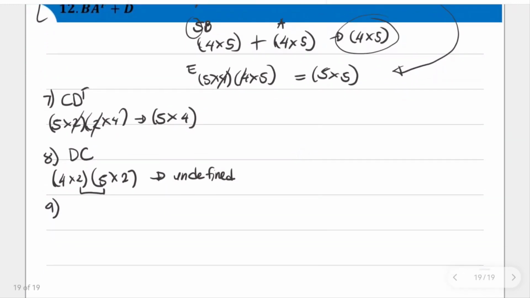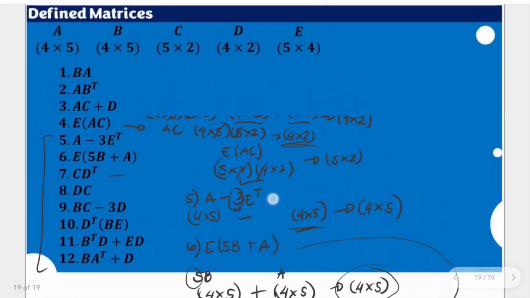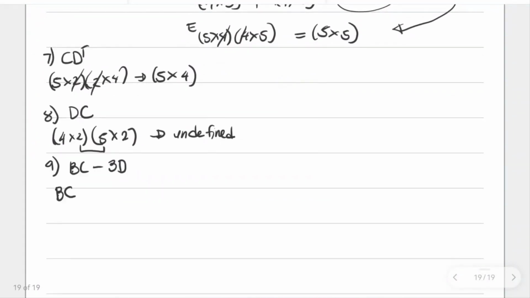BC minus 3D. So let's start with BC. Let's look at B, is a 4 by 5 matrix. It's a 4 by 5 matrix times C, which is a 5 by 2. So you move that out. BC is a 4 by 2 matrix.